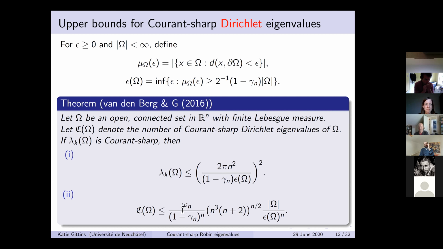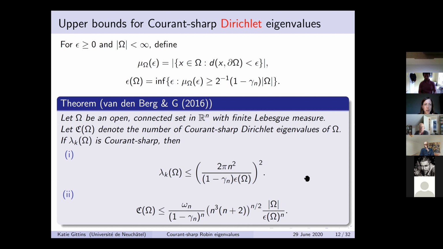So we can get as many Courant-sharp eigenvalues as we like by taking a longer and thinner rectangle. In some ways this is the best we can hope for. Obviously, with such generality, you could expect this to be quite crude.